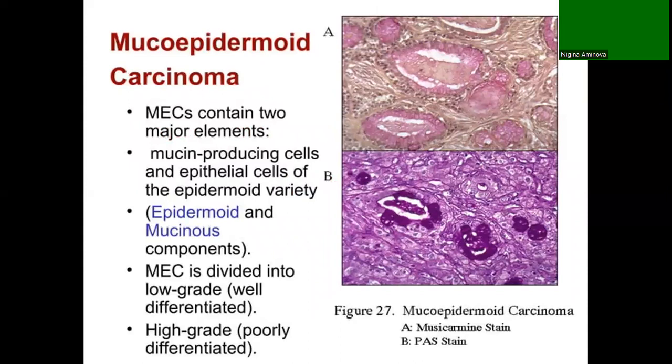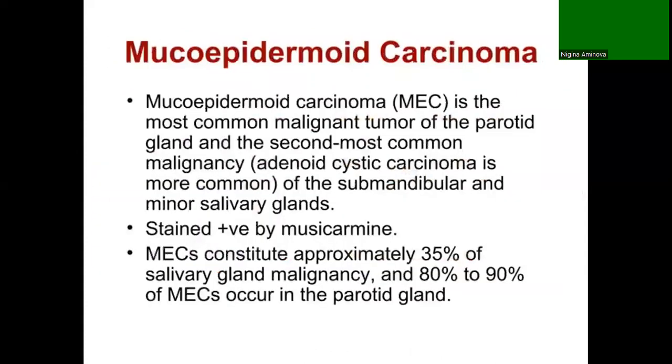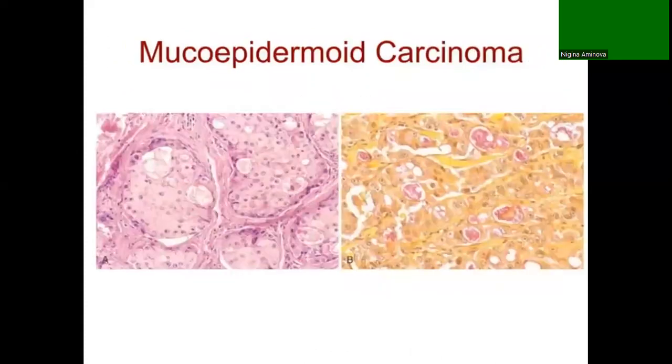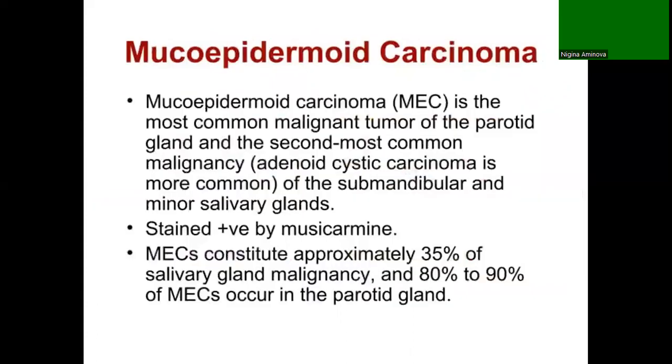This is one type of these, and it should contain two components. One is epidermoid and the second is mucinous, and it is called mucoepidermoid carcinoma. Here is the histology, the cells under the microscope. Let's talk about MEC, mucoepidermoid carcinoma.